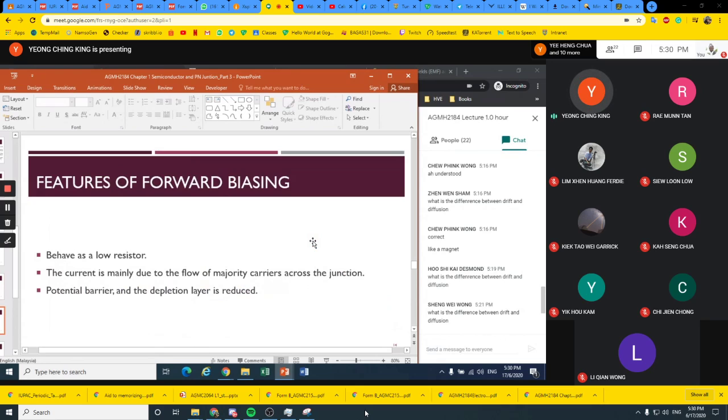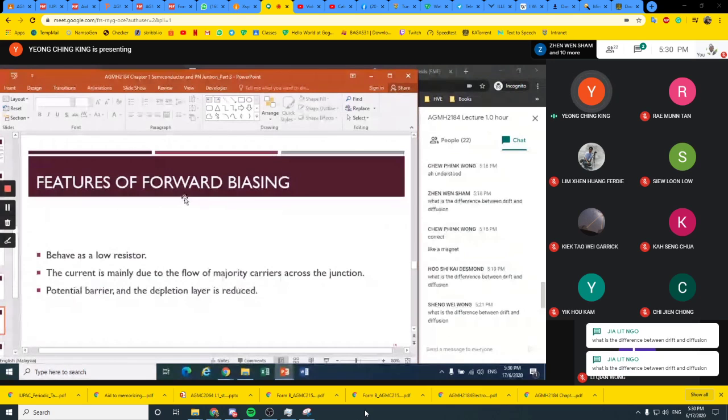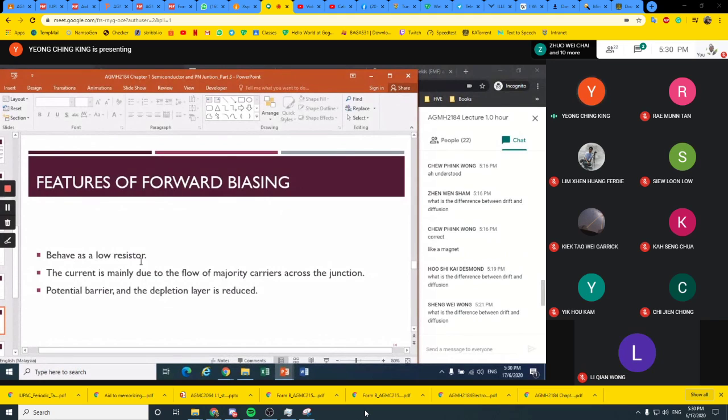So the features of forward biasing is that when the diode is in forward bias, it will behave as a low resistor, because current can flow through it. Normally, with low resistance, current can flow. So therefore, the diode behaves as a low resistor, and the current is mainly due to the flow of majority carriers across the junction.